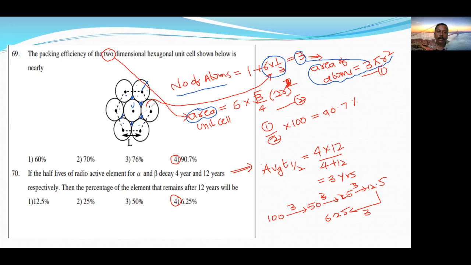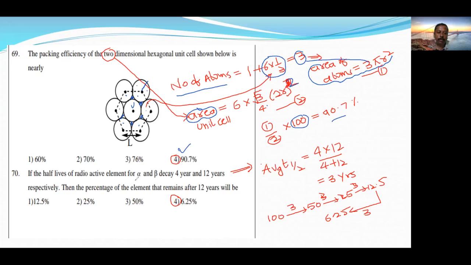So the area available, the area of a hexagon, is equal to 6 into root 3 by 4, 2r square. It is 2r square. So divide both of them and multiply by 100. This is the area occupied, this is the area available. Then you will get 90.7% occupied.